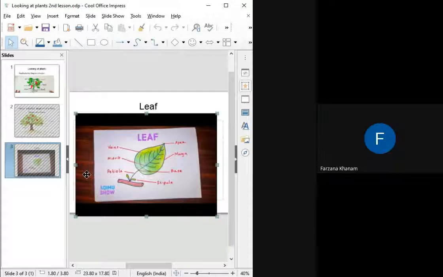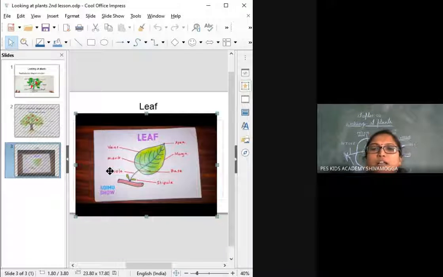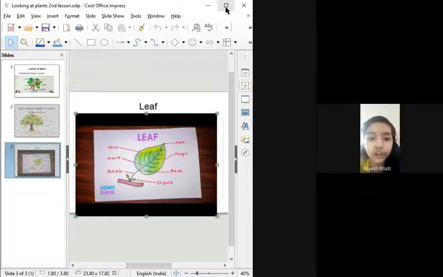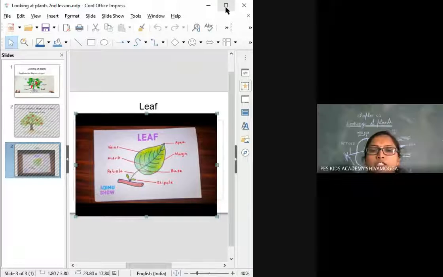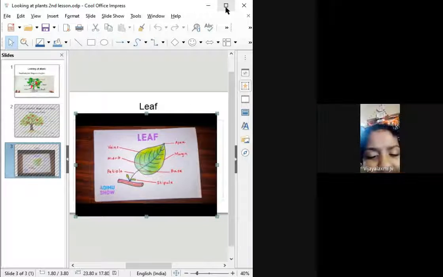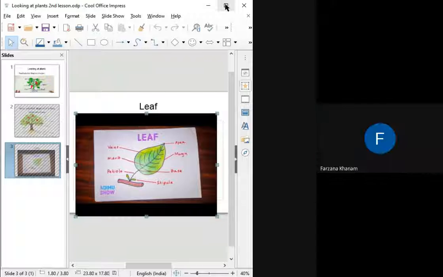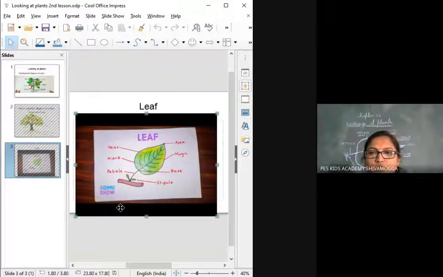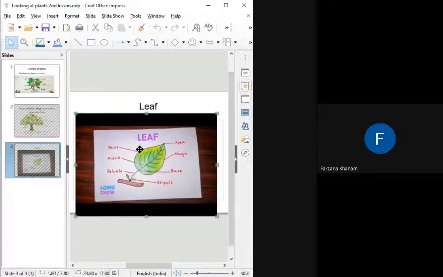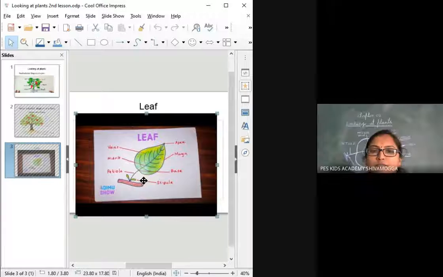Right hand diagram of a leaf. Everyone draw this one in your book now. Yes, very good. Homework.